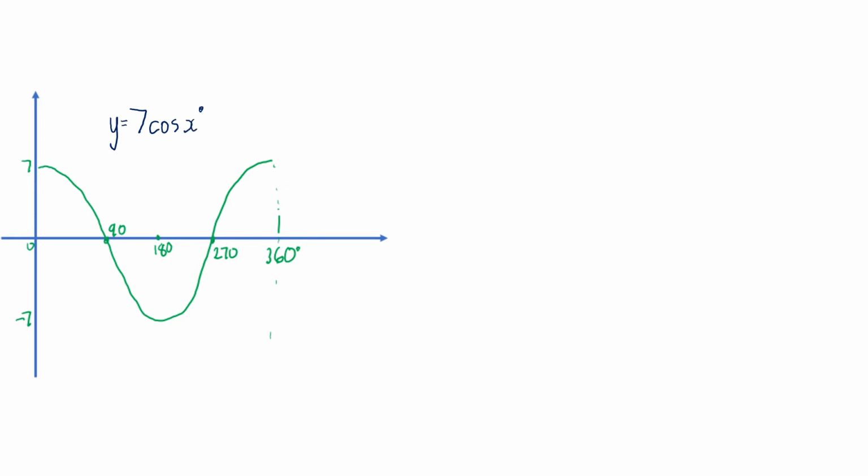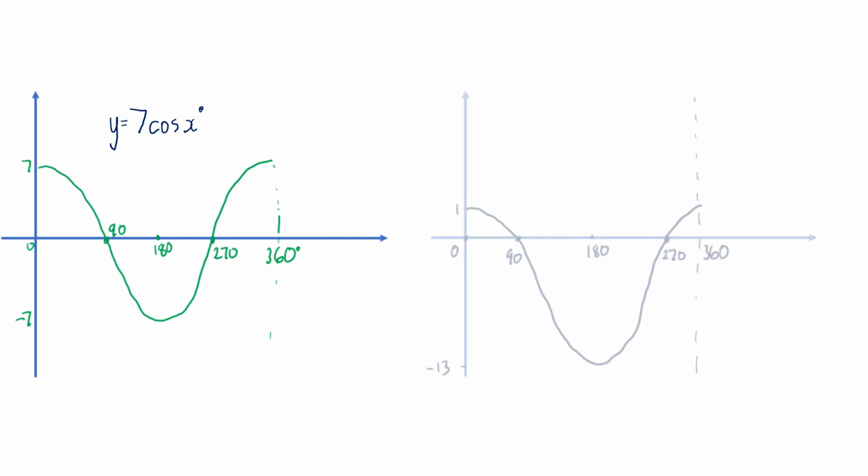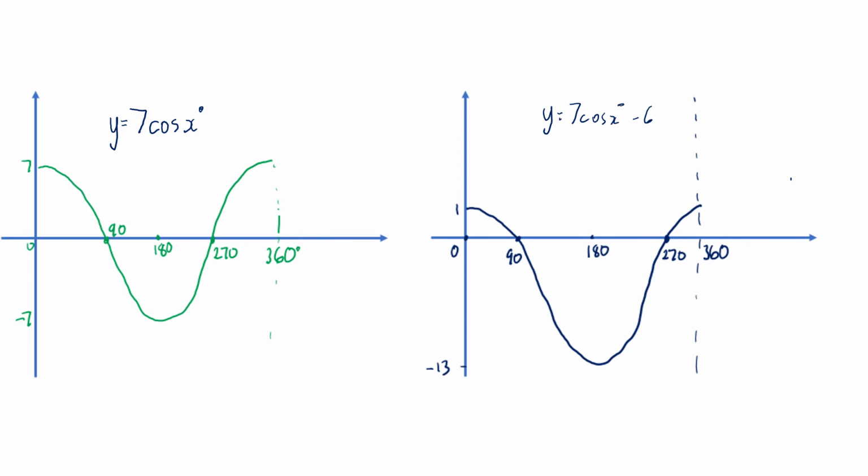Okay, what we're going to do is we're going to sketch the graph of y equals 7 cos x minus 6. Okay, which we've got here. Y equals 7 cos x minus 6. Let me explain it. So 7 cos x starts at 7.